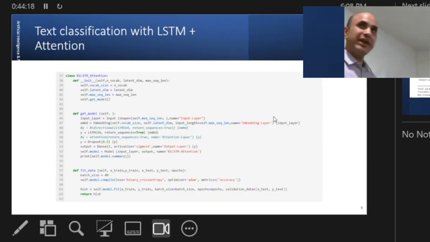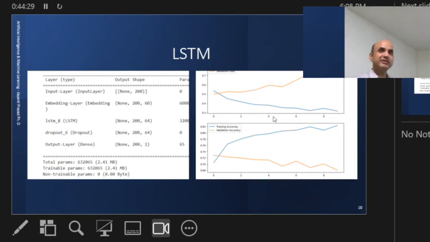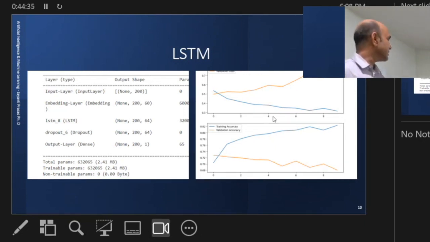So this is just a plain LSTM, and this is the result I get for it. The result is not very promising because I used a very small data set. This is just to show how the architecture and the mechanism work, not the performance. Here on the left are the layers: input layer, embedding layer, LSTM, dropout, output.